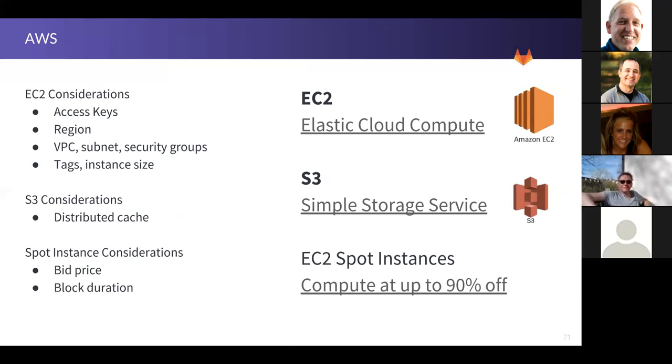And then spot instances. So spot instances are basically unused compute in the EC2 world that you can bid on and get that compute at a massive discount. And so we actually provide the ability to specify your bid price and the block duration to be able to bid on unused compute and actually really reduce your runner costs even more.